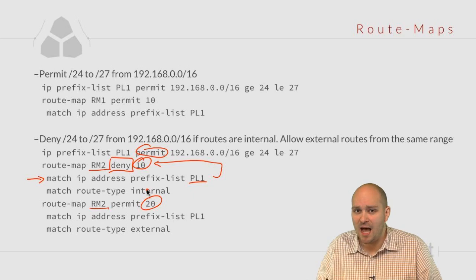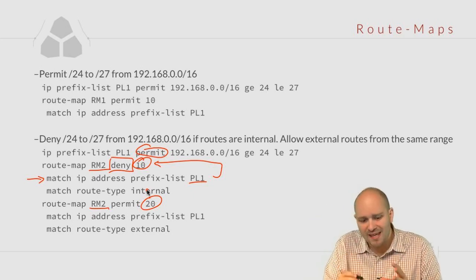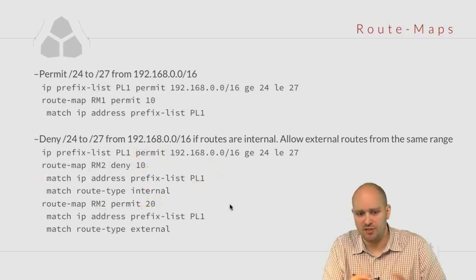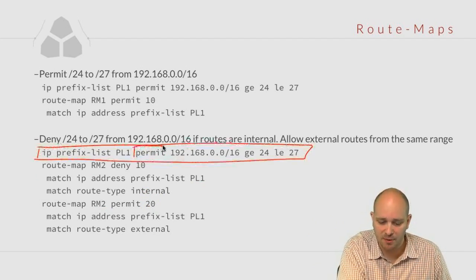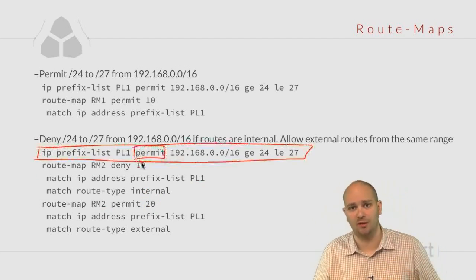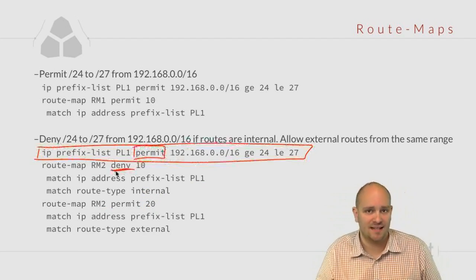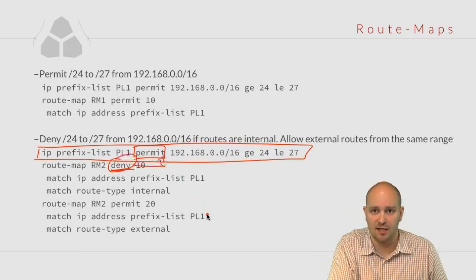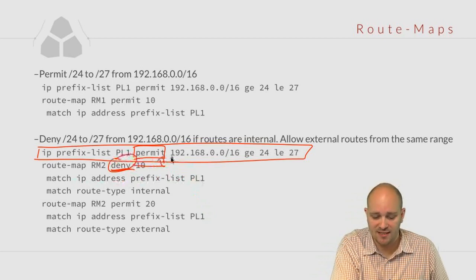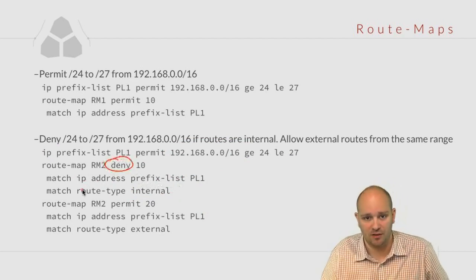Sometimes it could be a little bit difficult getting your head around this logic, but for me this approach is the most direct one. I'm going to have a prefix list here that permits, that specifies the range that I do want to take a particular action on, and then in the route map I would take that specified action. So I'm going to deny whatever this prefix list permits. So in my prefix list I'm specifying this range here, and if the route is internal it will be denied, because this is the logic that we specified.